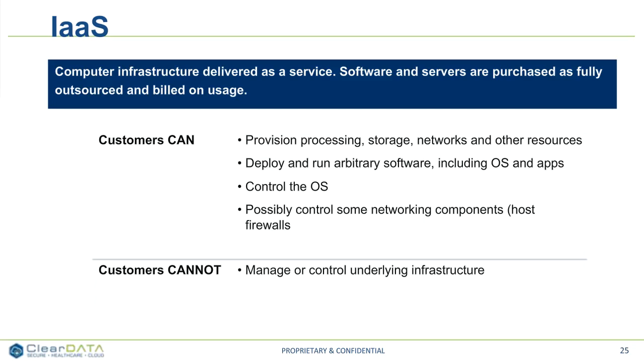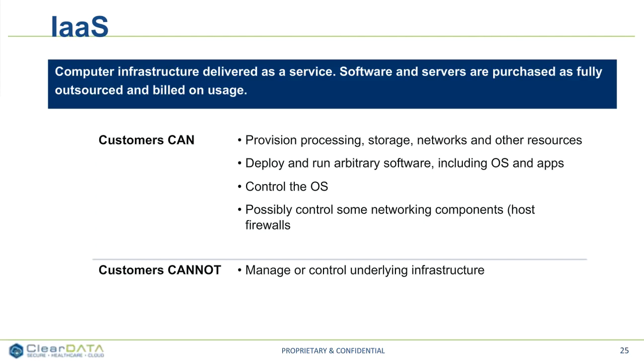Going now to IaaS, Infrastructure as a Service. The characteristics of that is really that you can deliver your infrastructure as a service. Software and services are purchased as fully outsourced, and they're usually billed on usage. Sometimes there's fees that are fixed fees that aren't based on usage, but for the most part, it's all usage-based.